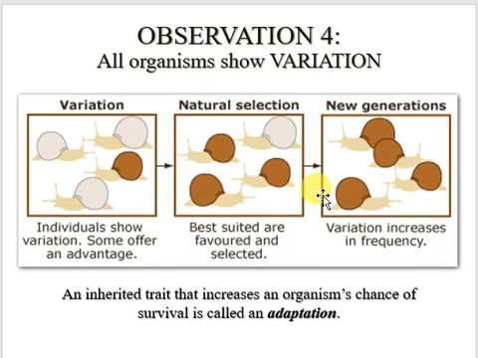But understanding how individuals of the same species vary was a key concept for Darwin when developing his theory. Because as I said before, without variation in a population, there's nothing for natural selection to act on. There's nothing for natural selection to select.